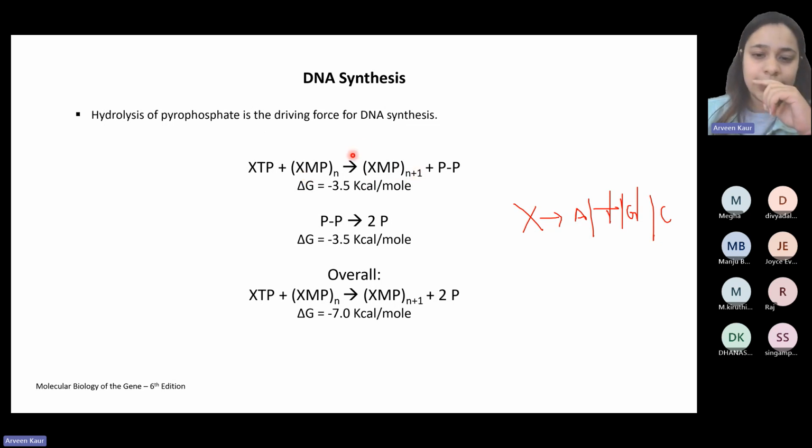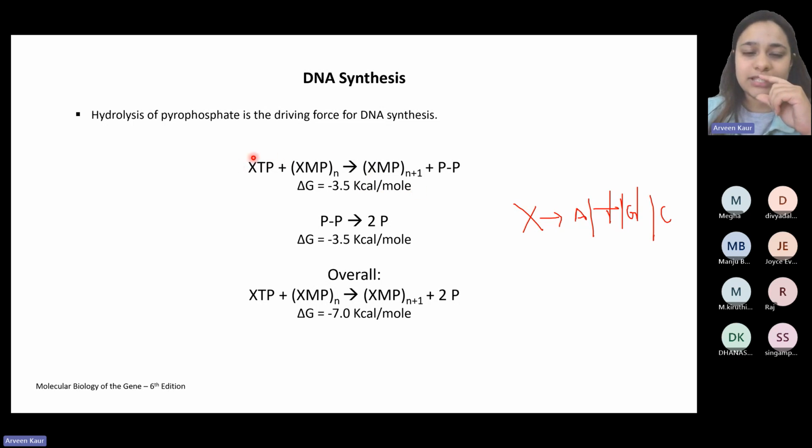So it will basically form this particular XMP, which has a monophosphate. The polynucleotide that is present has a monophosphate backbone, right? So it will add one nucleotide to it, and it will form a monophosphate backbone.